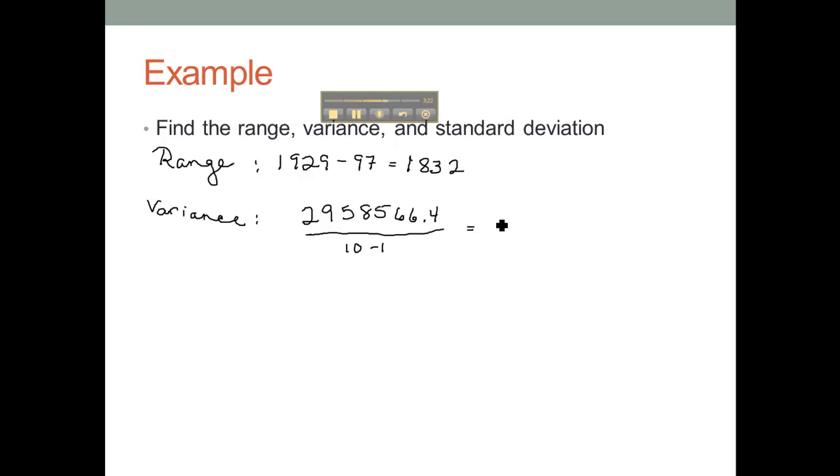So that number divided by 9 is 328,729.6. And that's your variance.